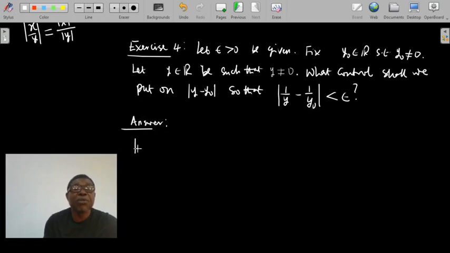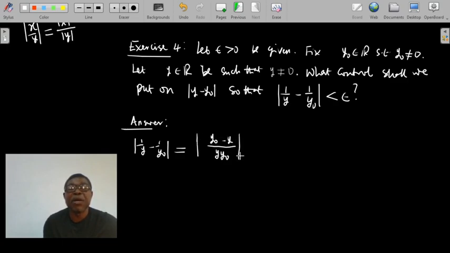Observe that absolute value of 1 over y minus 1 over y naught is equal to absolute value of, here I'll find the LCM, and the LCM is y y naught. Then if we evaluate this, it will give us y naught minus y. So we have absolute value of this.